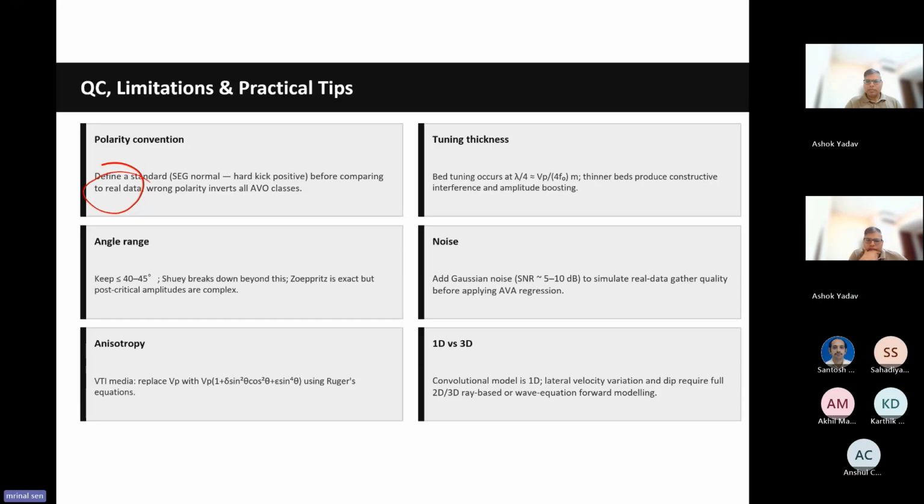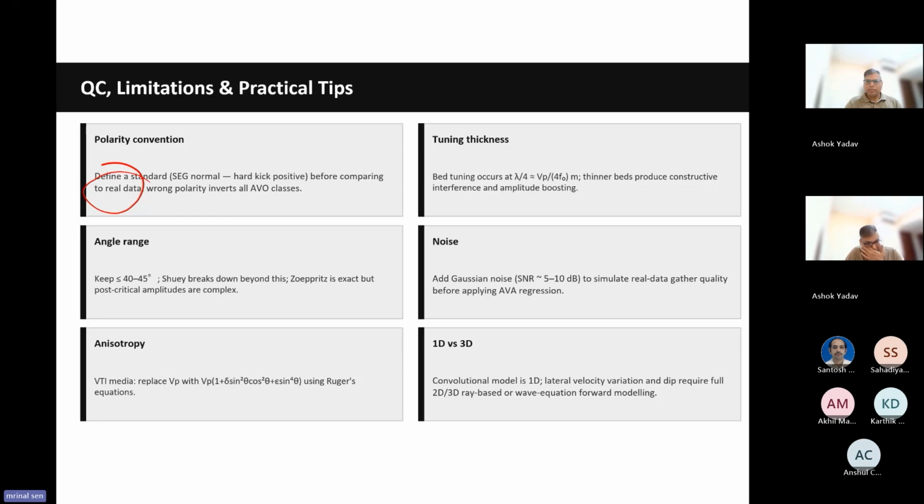So when you are doing it, remember that these are all valid for the reflection coefficient as a function of P. It's talking about phase angle. Okay. So when you apply a Rüger equation or any other kind of, or even for HTI medium, AVO, then you have to make sure that what you're using is actually phase angle.